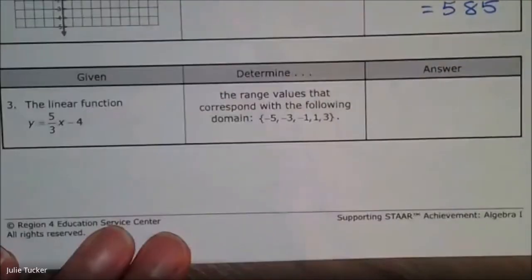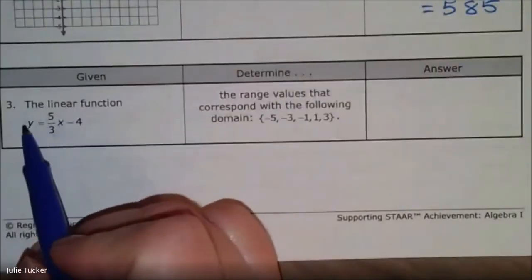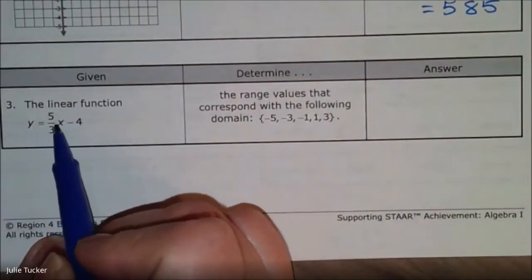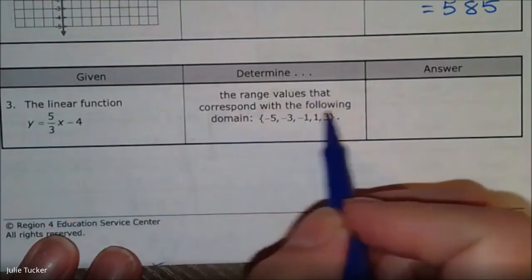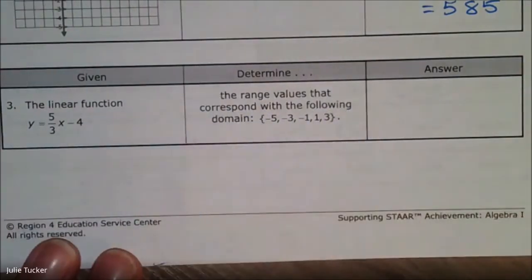All right, so we have one more question that they're asking. The linear function y equals 5/3 x minus 4. Find the range values that correspond with the following domain. Do you remember what domain and range mean?